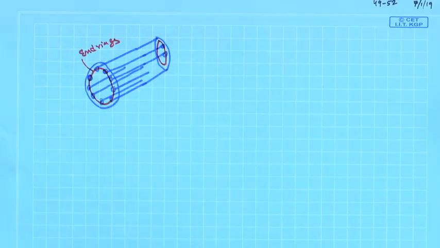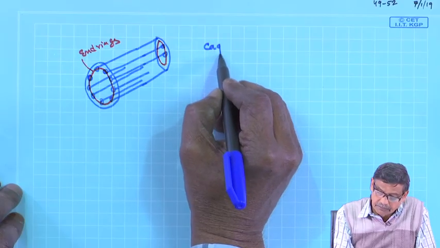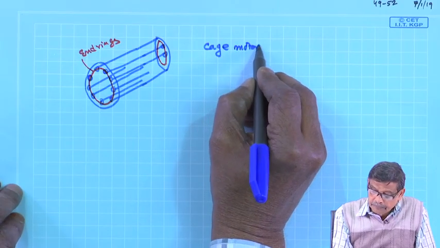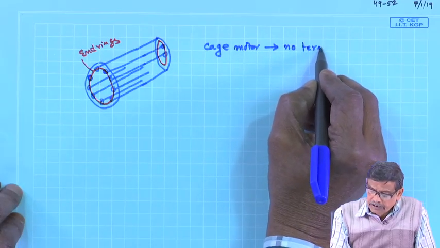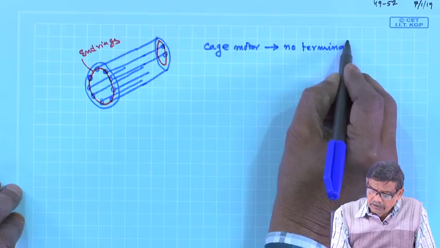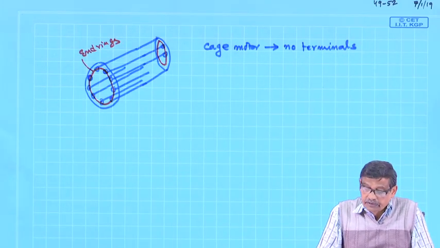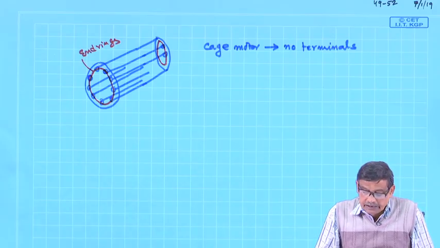Therefore, in the cage type induction motor, no rotor terminals are available. Cage motors have no rotor terminals, so you will not be able to connect any external resistance to improve starting torque, etc. No slip ring, no brass like that.